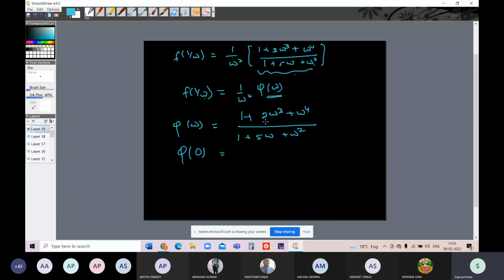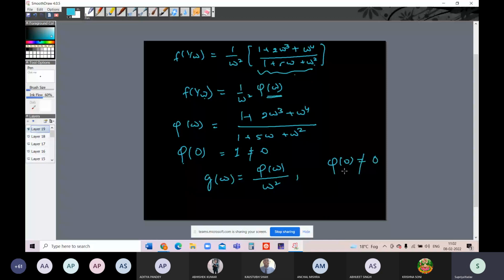So we can say that this function f of 1 by omega, or we can call it g omega, can be written as phi omega upon omega square, where phi omega is analytic at point 0 and this value is also non-zero at omega is equal to 0.